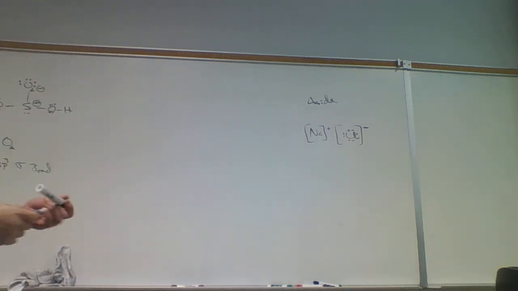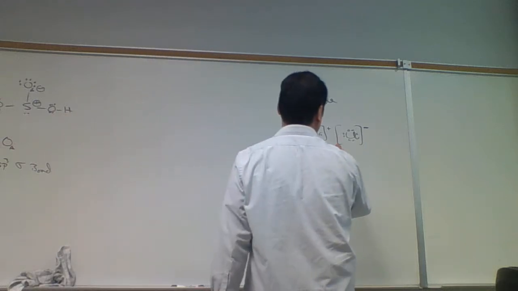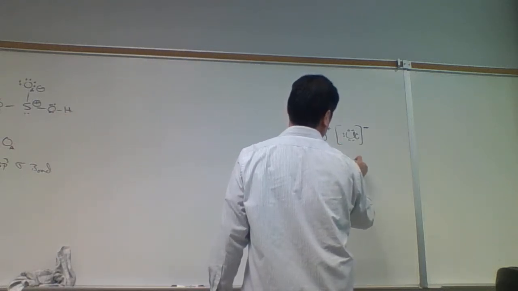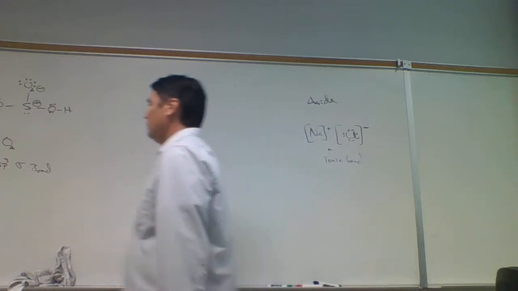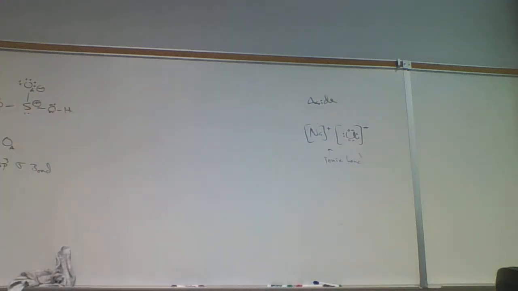That's an ionic bond. Well, not only do we have the sp3 sigma bond, but because the sulfur is positive and the oxygen's negative, we also have an ionic bond. As we have oppositely charged atoms, those oppositely charged atoms are going to attract each other by ionic bonding.